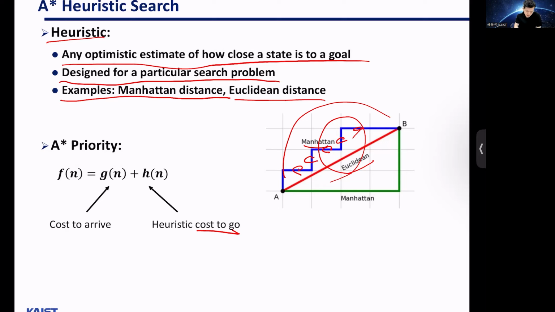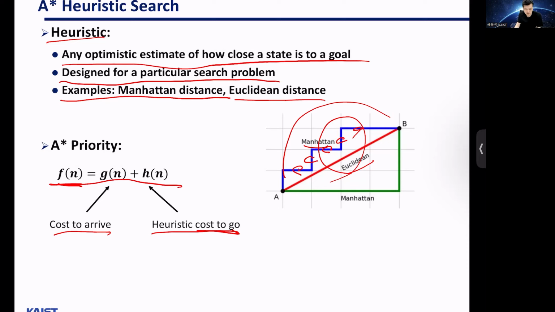Okay. So anyway, the key idea is that if we can sum the cost to arrive and heuristic cost to go, then we can compute the entire cost from A to B, which is what we are interested in.